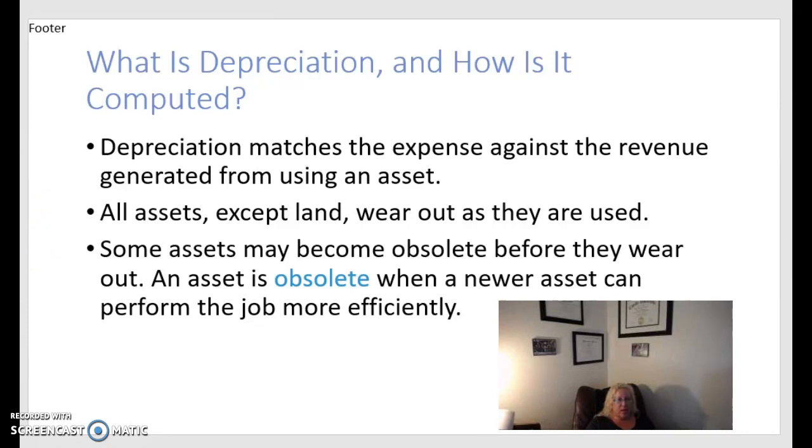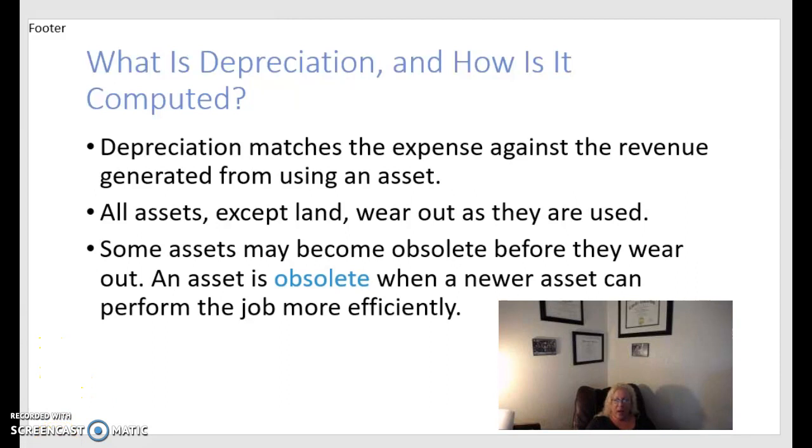Depreciation is not a process of valuation. Businesses do not record depreciation based on changes in the asset's market value. Depreciation does not mean that the business sets aside cash to replace an asset when it's used up.